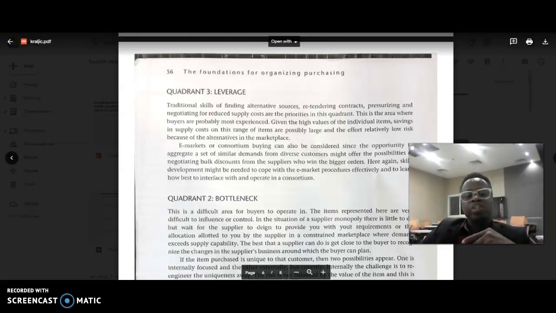So you're gonna flex your muscles. So this is the area where buyers are probably most experienced. Given the high value of the individual items, savings in supply costs on this range of items are possibly large and effort relatively low risk because of the alternatives in the marketplace.